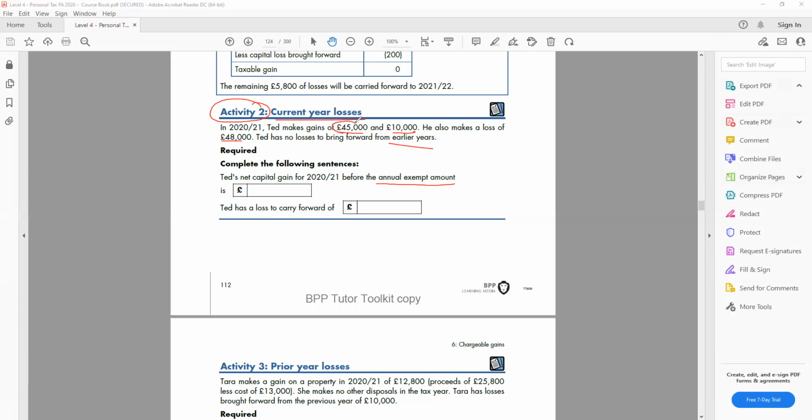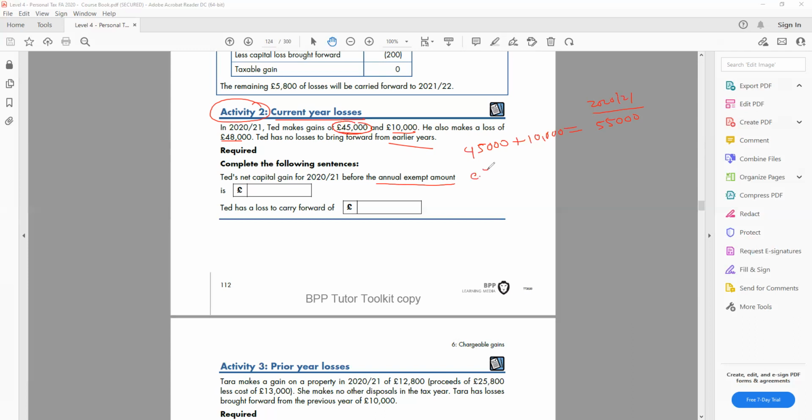So we have 45,000 plus 10,000. So my total gain for 2021 is 55,000. Now we have to take out the loss.